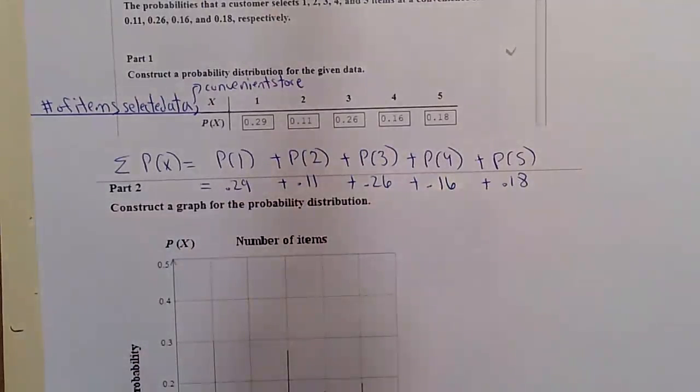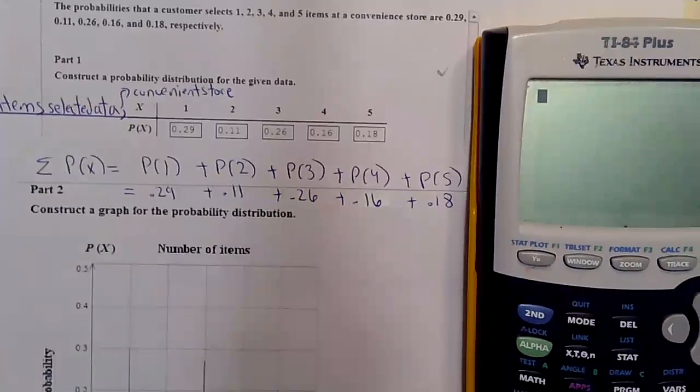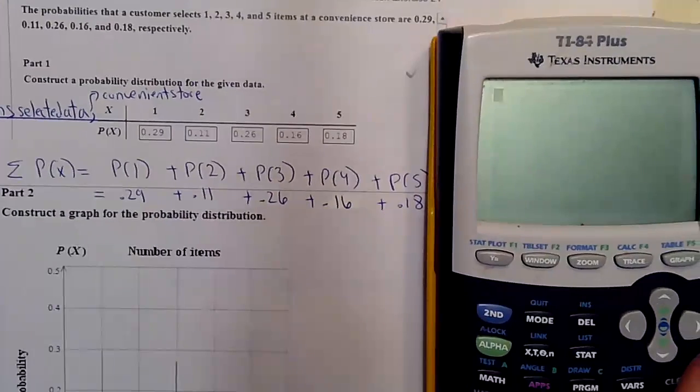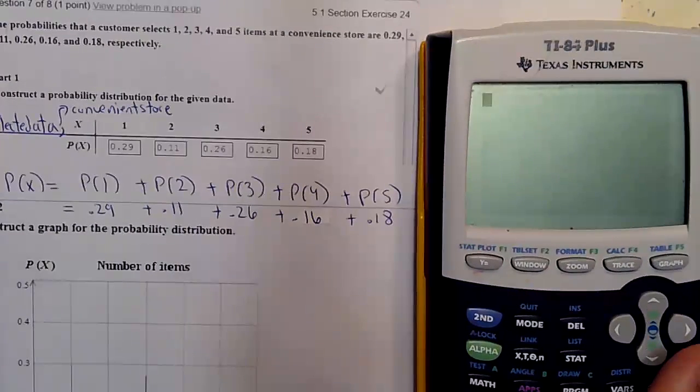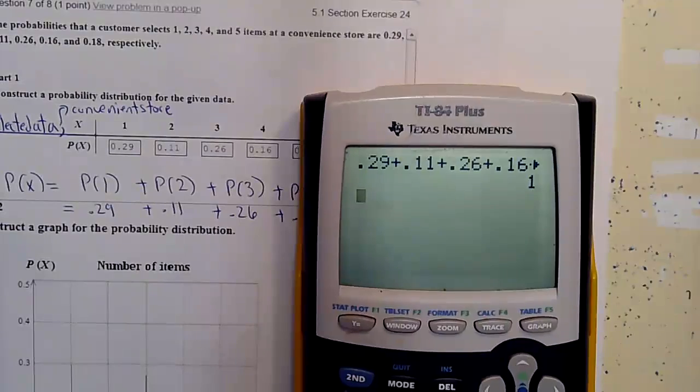When I add those up on my calculator, I'm supposed to get exactly 1 if this is correct. That's the requirement at least. So 0.29 plus 0.11 plus 0.26 plus 0.16 plus 0.18, you see how you get 1?